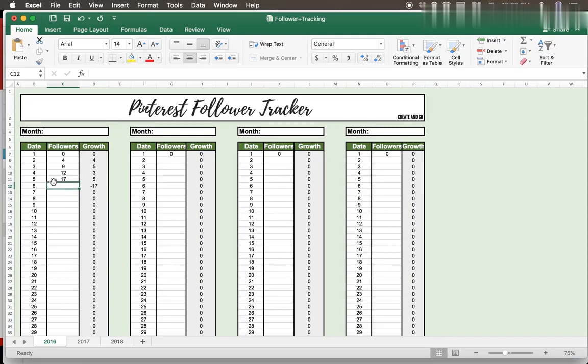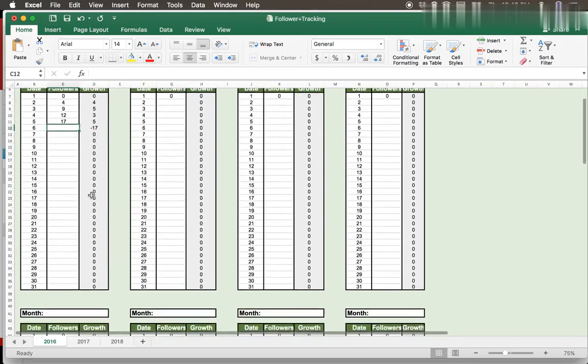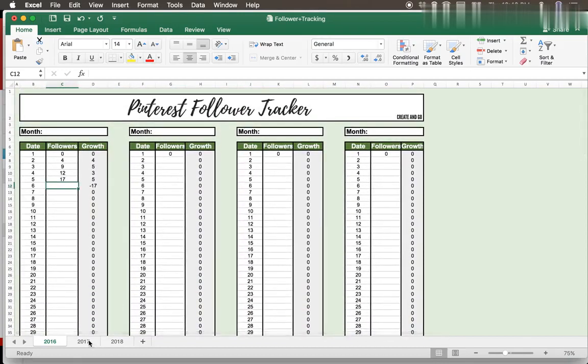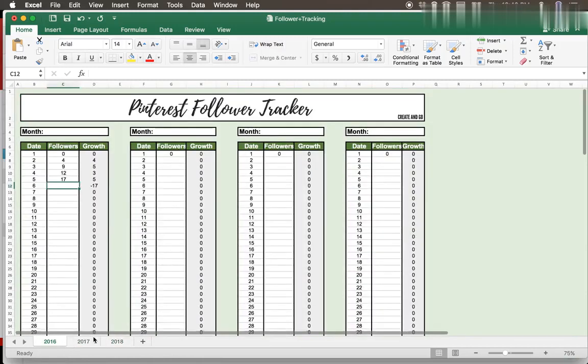It doesn't matter. But I do recommend keeping track of this yourself, because Tailwind only shows you the weekly number of followers, and this kind of spreadsheet will help you determine from month to month, especially since there's different years on here. You might notice, okay, every February there is a big dip.